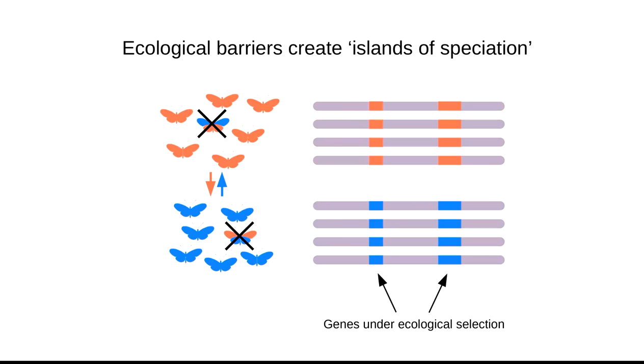And in the long run, what this means is that the barrier between species doesn't apply to the whole genome anymore, to the whole chromosome, but instead to specific loci, specific genes on that chromosome. And so what we can get is what are called islands of speciation, where these two species or subspecies or populations are distinct at particular parts of their genome.